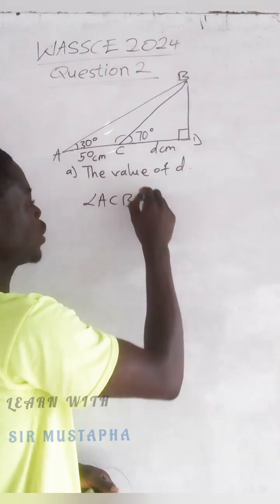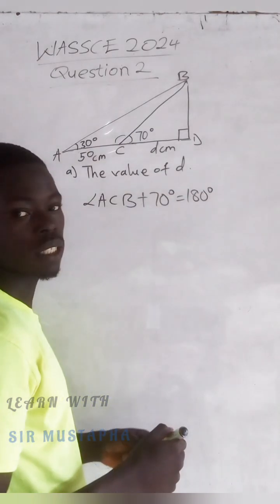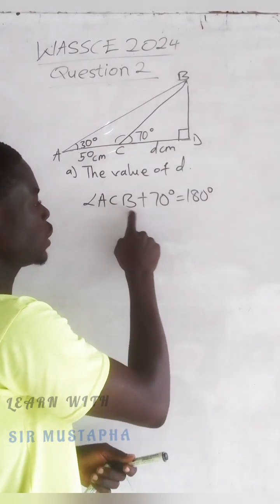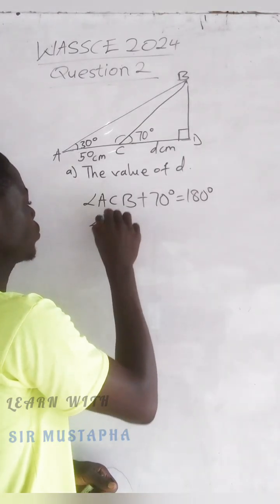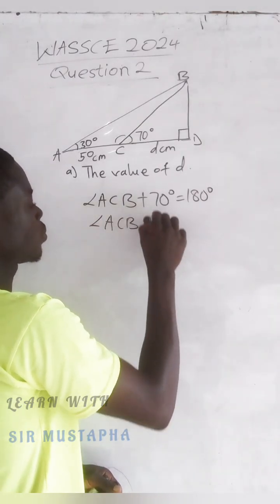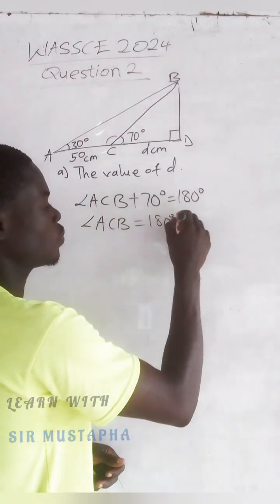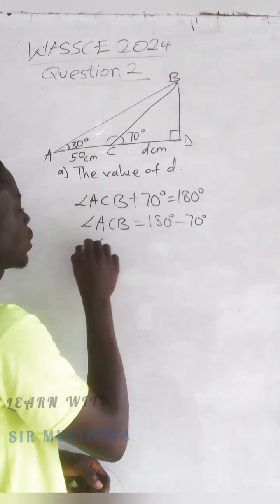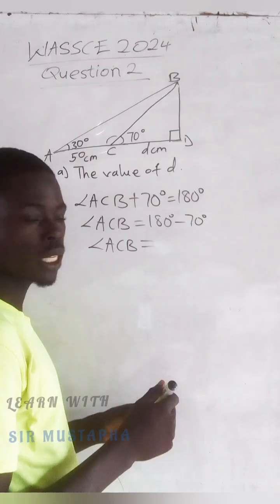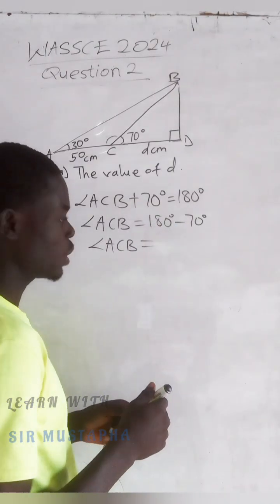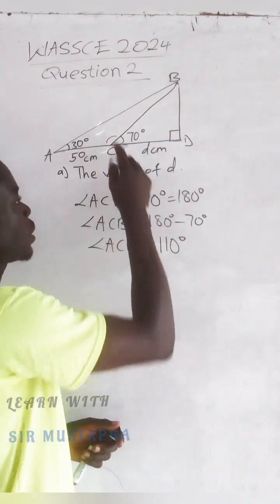So angle ACB plus 70 degrees gives 180 degrees. To get angle ACB, move the 70 and subtract it from 180; crossing the equal sign will be negative. Angle ACB will give you 110. If you subtract 70 from 180, you get 110. So that is angle ACB.